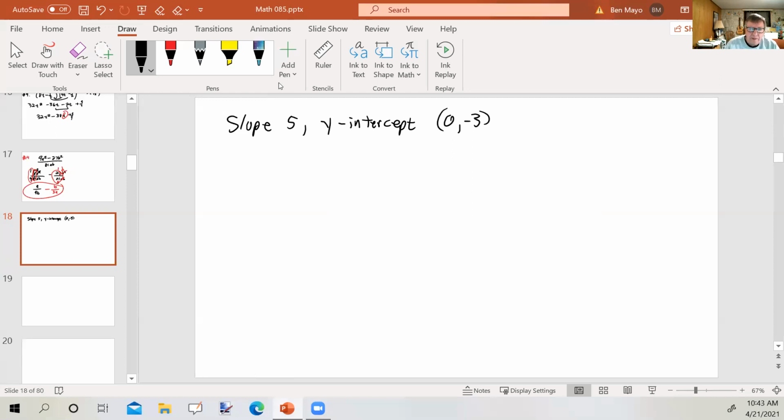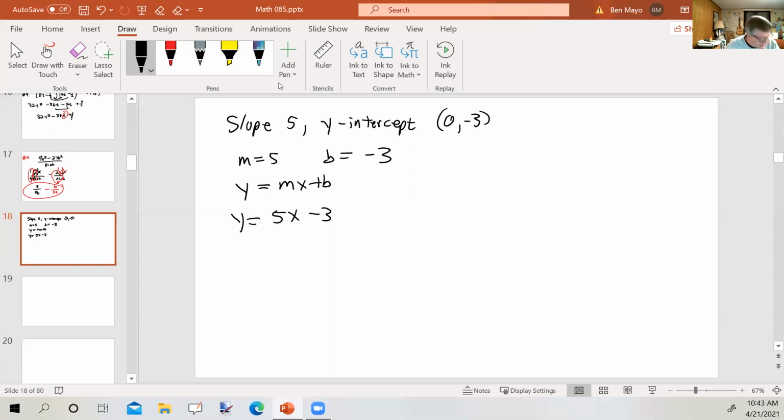Another way I could write that, recall that the letter m stands for the slope, and the letter b stands for the y-intercept, where you list only the y value. Using the form y equals mx plus b, that is slope-intercept form, we would get y equals 5x minus 3.